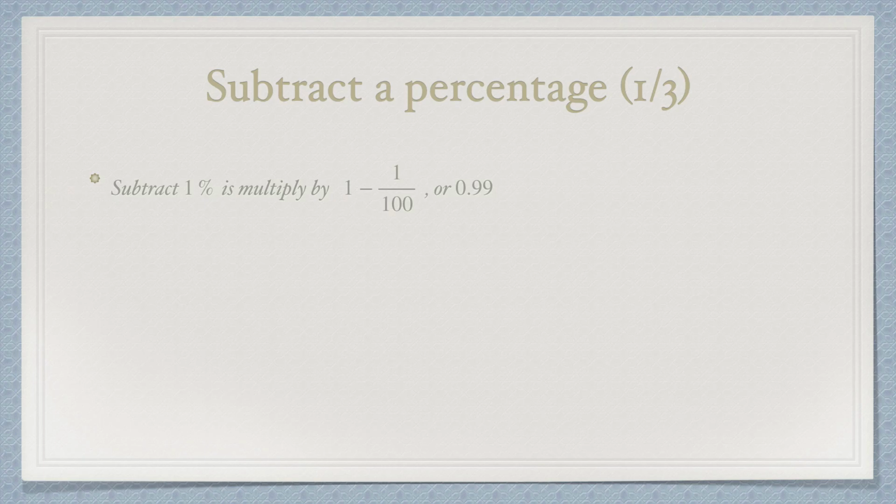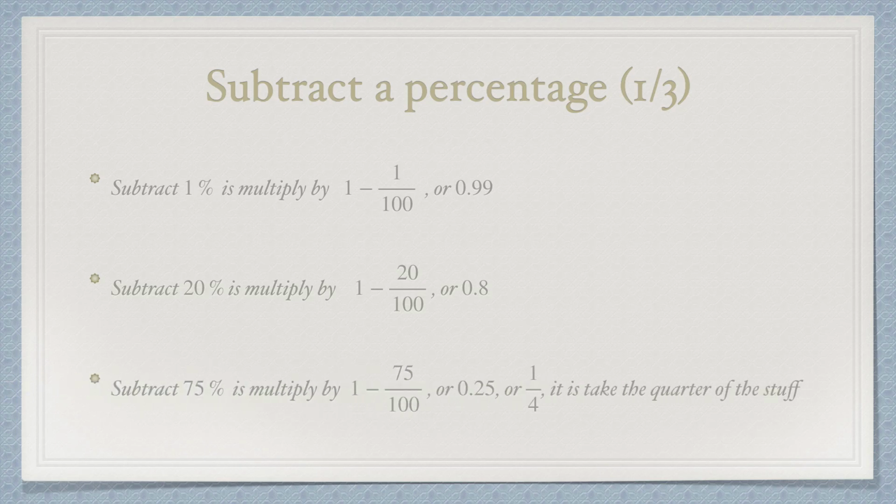Subtract 1% is multiplying by 1 minus 1 over 100 or 0.99. Subtract 20% is multiplied by 1 minus 20 over 100 or 0.8.